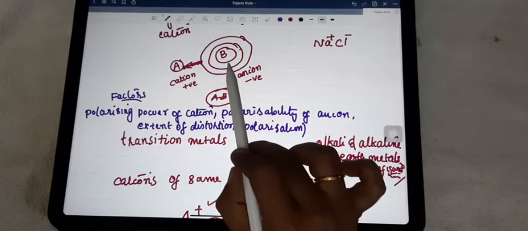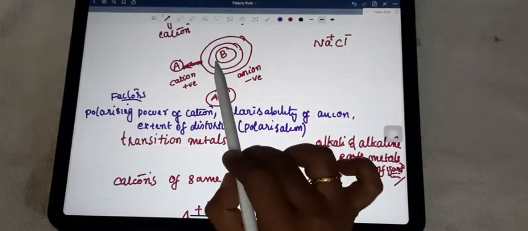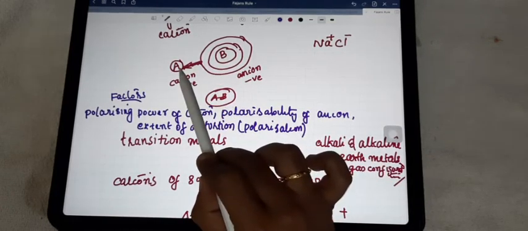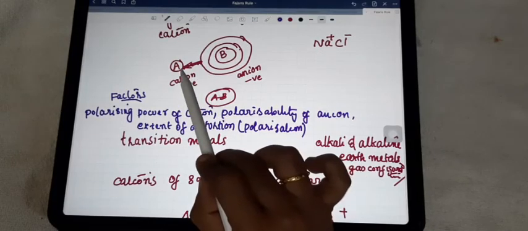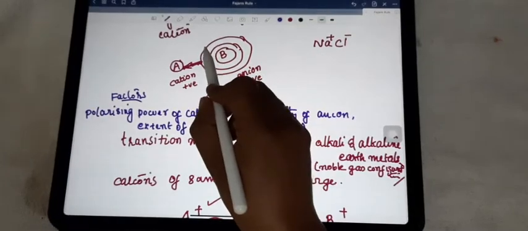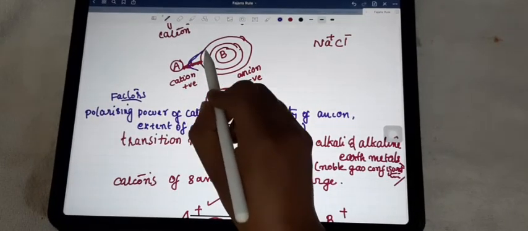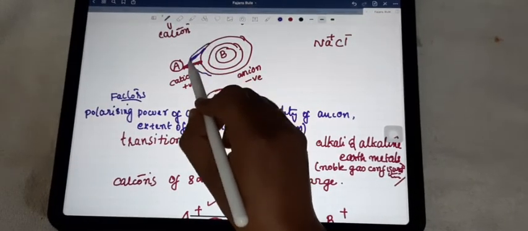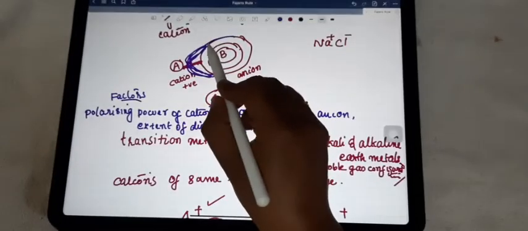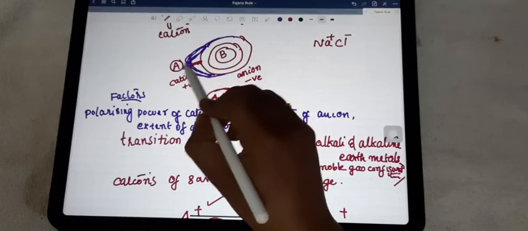And what happens in the case of the anion? Due to its polarizability, the anion goes towards the cation. And when the anion goes near, automatically its shape gets distorted, because it is going near to the cation.